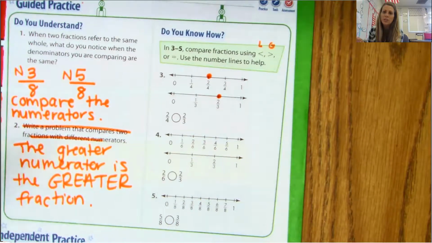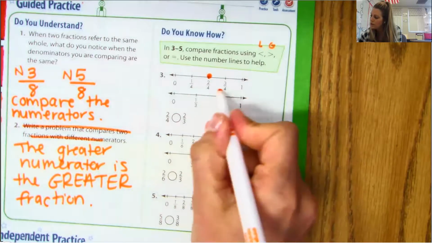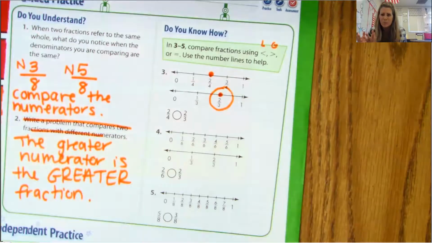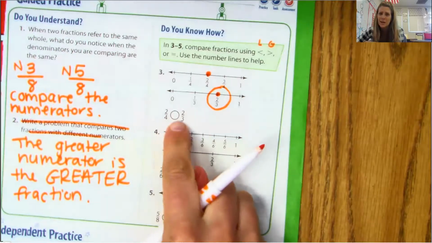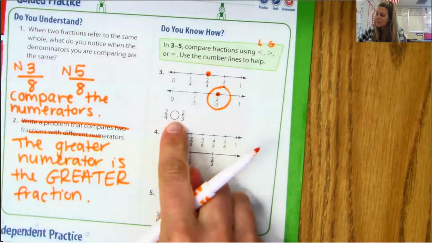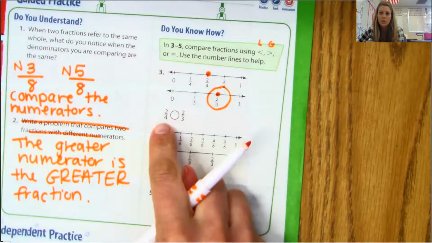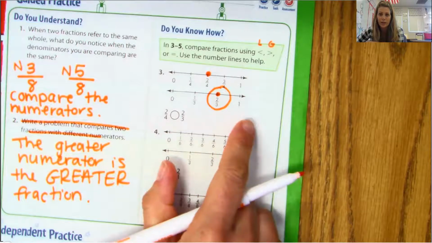Which fraction is bigger? Which fraction is closer to 1, guys? 2/3, right? So I just circle it so my brain knows because we've got to pay attention to what the number sentence says. It's saying 2/4. It starts with 2/4. So we just said 2/3 is greater, right?